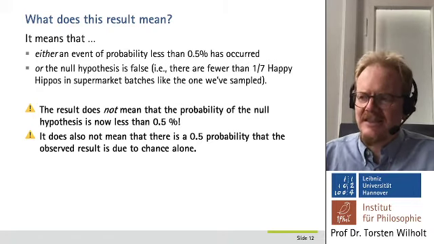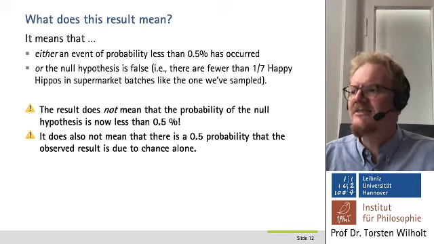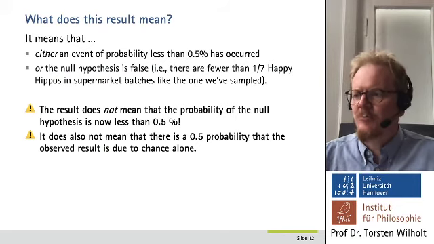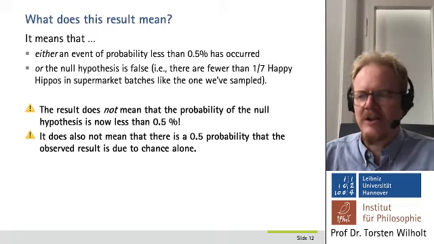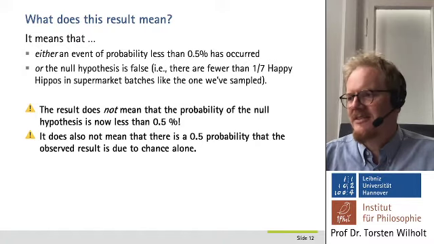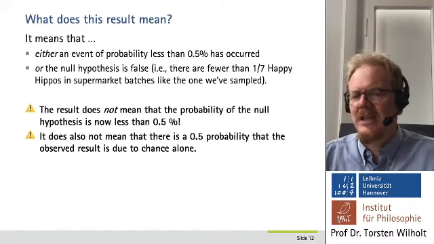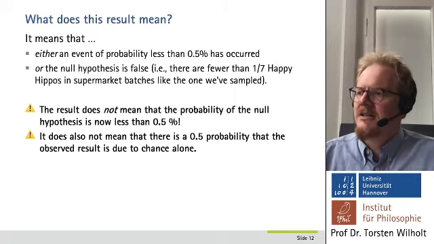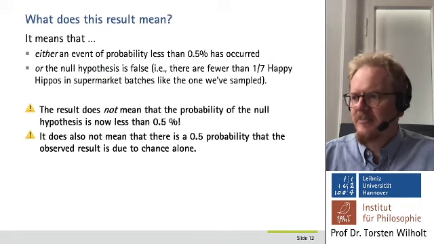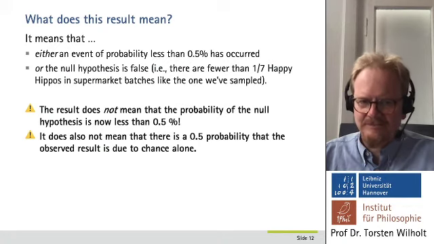The significance is then interpreted as a significant observation pointing us towards the possibility that the null hypothesis is false. But two kinds of misunderstanding should be addressed here at the outset.